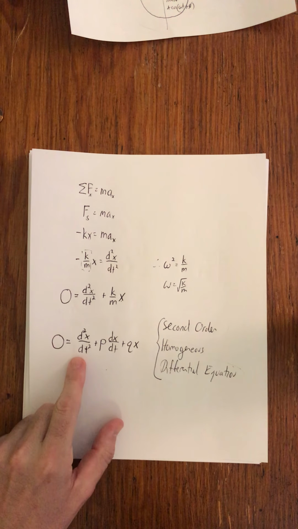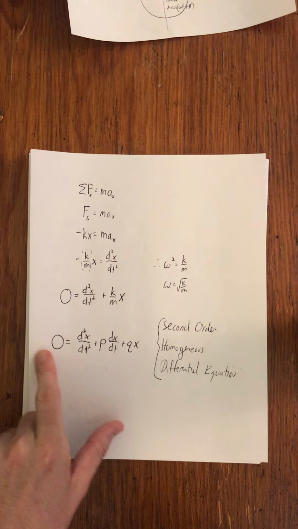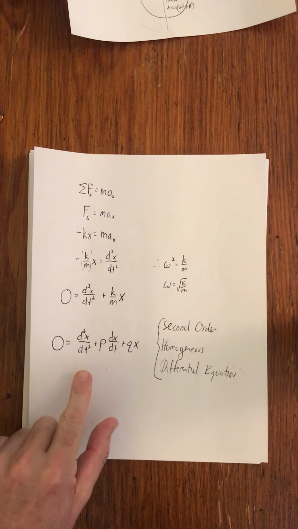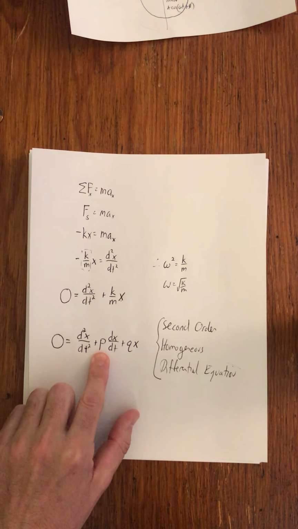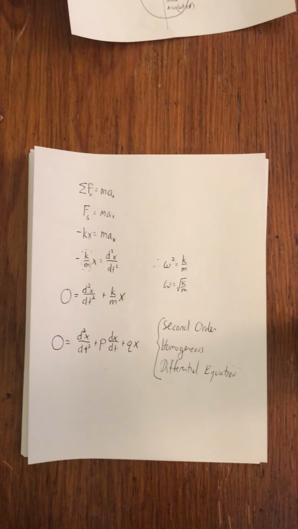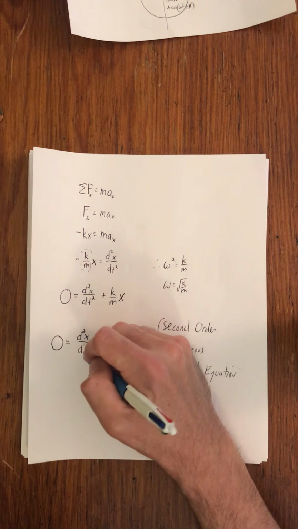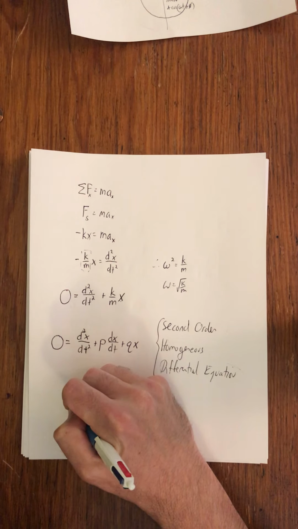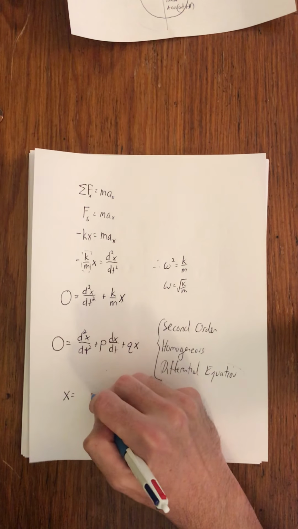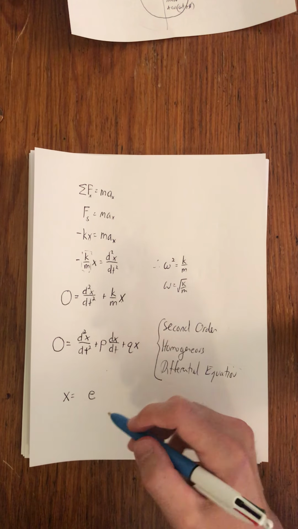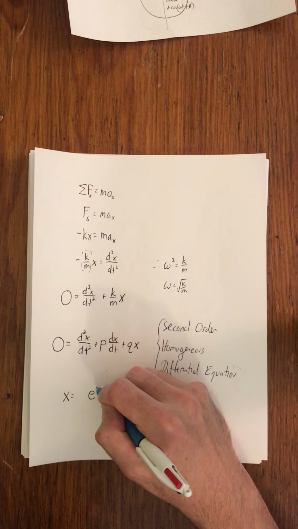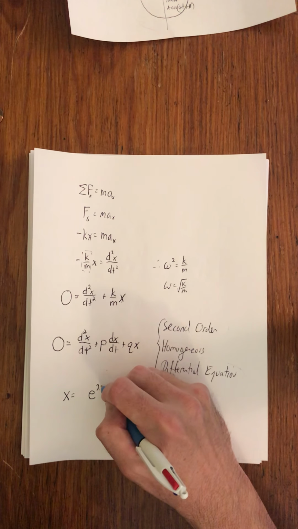Because that's the only way that I would ever come to 0, if the same base term went in here, and then I can solve for particular values of p and q. There's really only one function we know whose derivative is itself, and that's the e to the x function, or actually the e to the t function, excuse me. So let's say that x is equal to e to the t. But I don't want to just test e to the t. I want to test e to the something t. So let's just call it e to the lambda t.